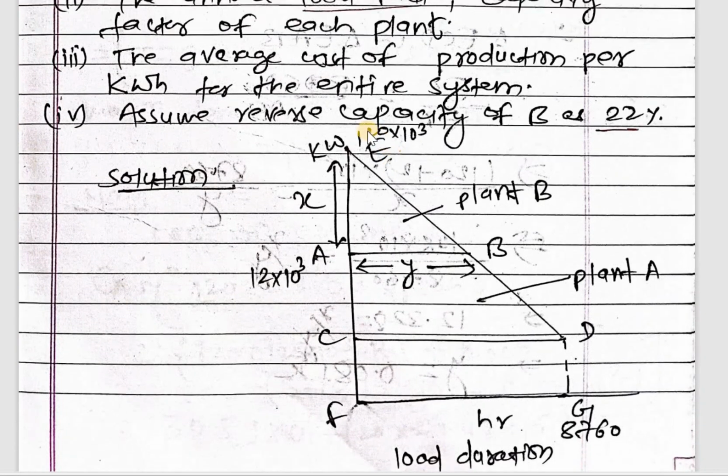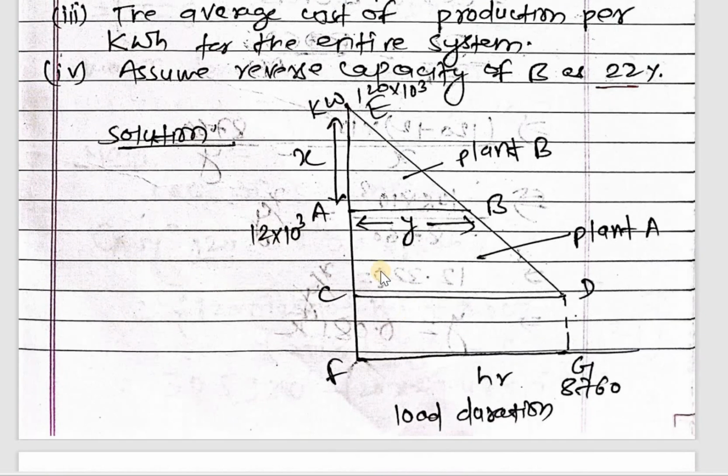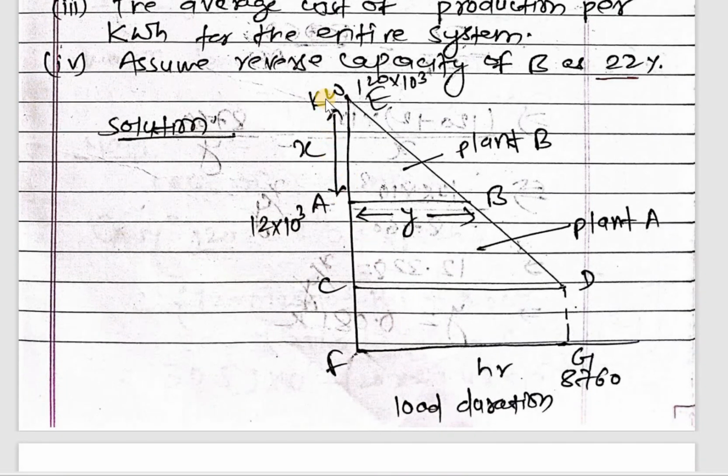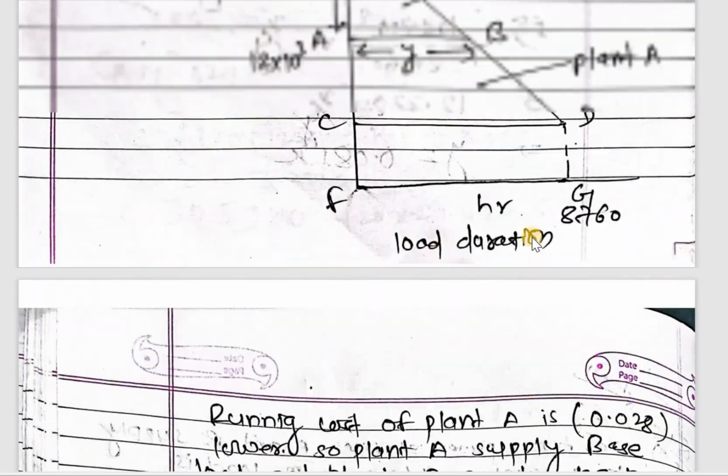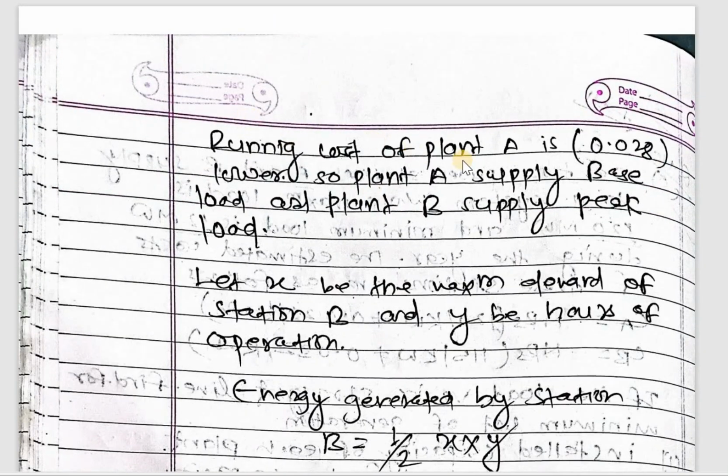This is 120 into 10 to the power 3 and this is 12 into 10 to the power 3. This is X and this is Y. Now the running cost of plant A is 0.028 lower.